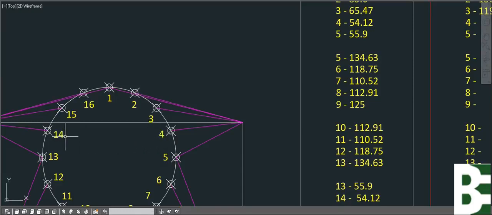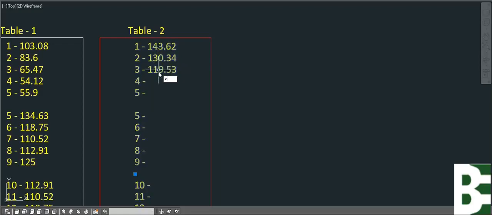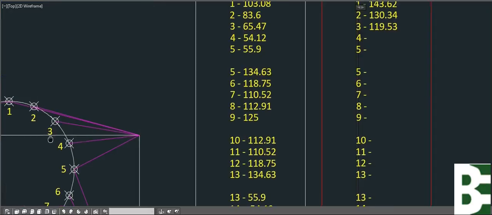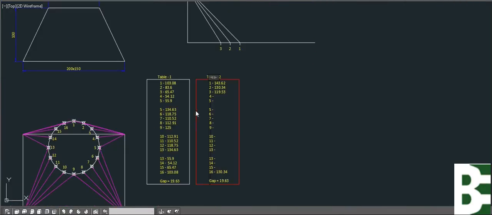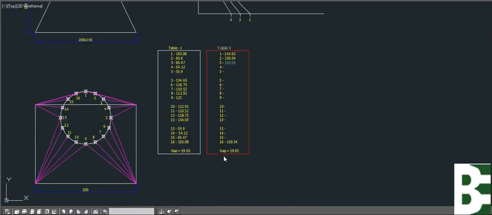They have the same dimension, 15 and 3, 4 and 14, 5 and 13. So you can copy these dimensions for the other side. Same, this 2 is similar with the 16 and 3 is similar with 15.